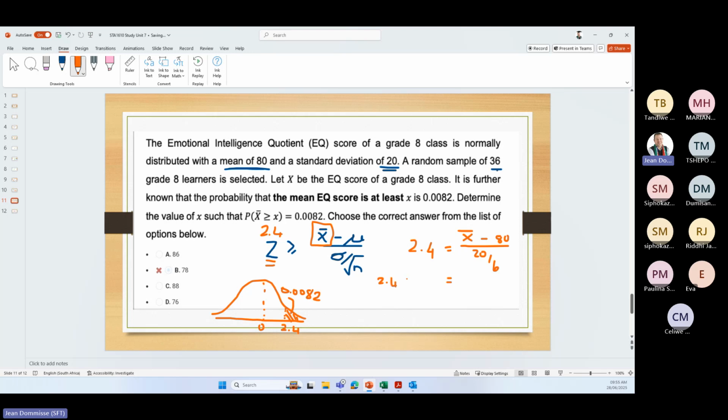So 2.4 times 3.33 continuous is equal to X minus the 80. So let's just say that 3.33 times 2.4 gives me 8. I got 8.